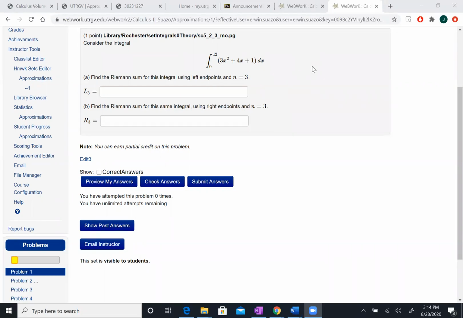Delta x is 4. Then you substitute the x values: 0, 4, 8, and 12. If it's left-hand side, you just use 0, 4, and 8. And if it's right, you use 4, 8, and 12.